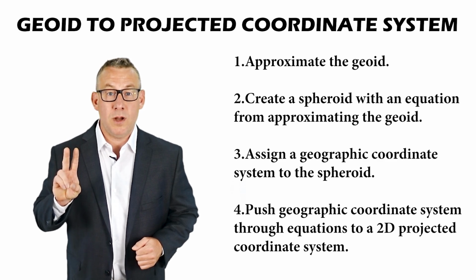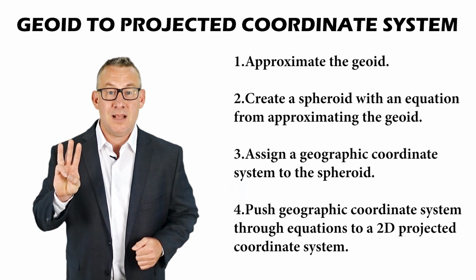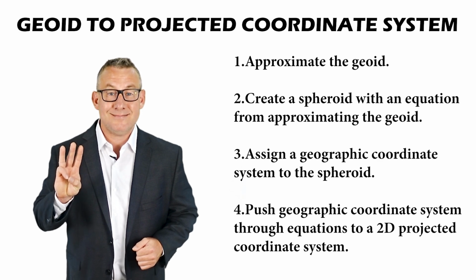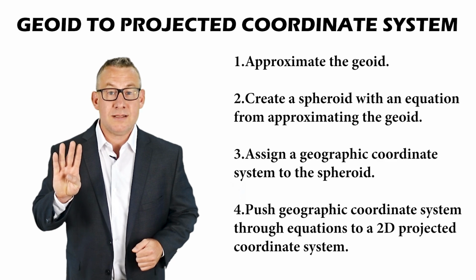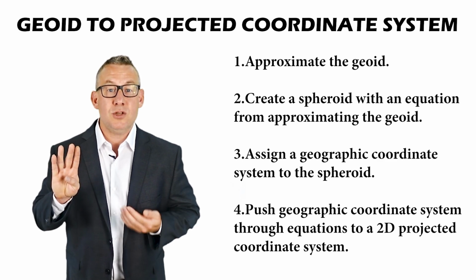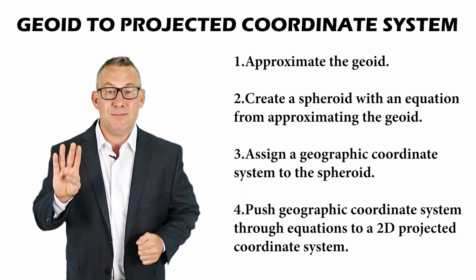Second, create a spheroid with an equation from approximating the geoid. Third, assign a geographic coordinate system to the spheroid. Fourth, push the geographic coordinate system through equations to a 2D projected coordinate system.